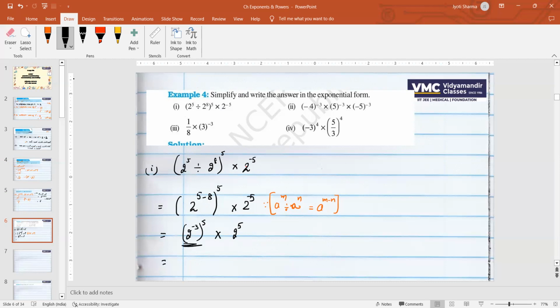Now here again, the law of exponent will be applied. I can write -3 into 5. The reason behind this is that we know that powers in and out of the bracket with the same base are multiplied.